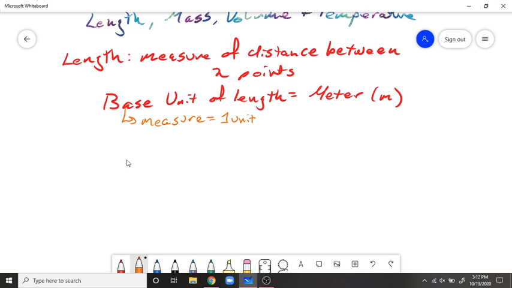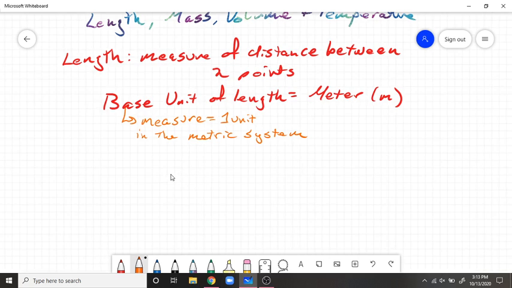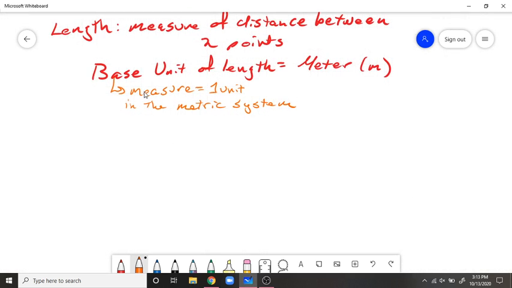So the base unit for volume is going to be 1 liter. The base unit for mass is going to be 1 gram. The base unit is where the measure is equal to 1 whole unit.